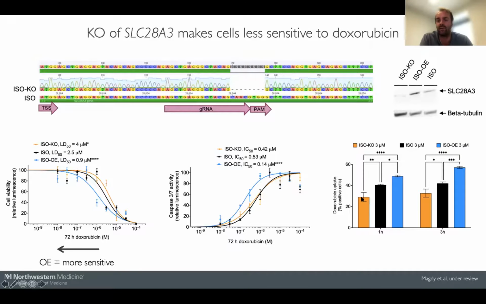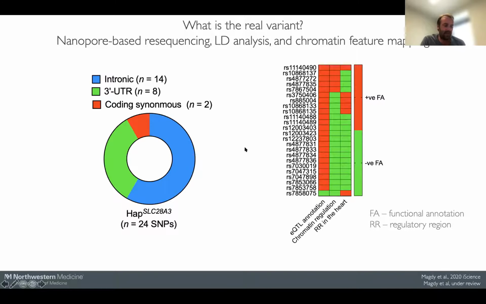So that was really interesting, except in this particular scenario, and quite commonly from genome-wide association studies, the SNP of interest doesn't change the amino acid sequence, which makes things difficult.